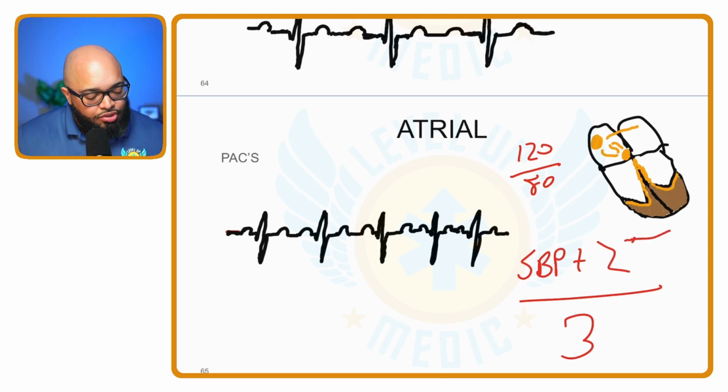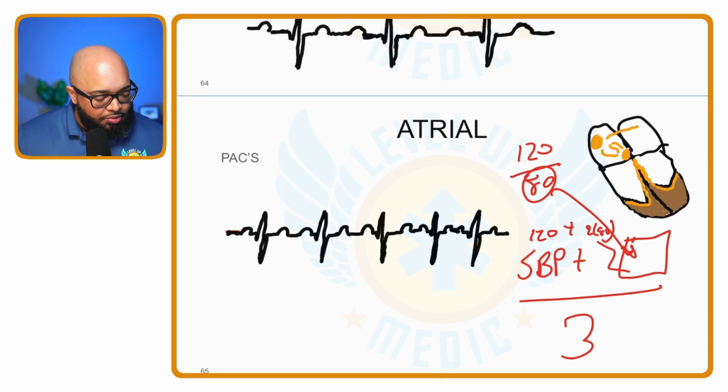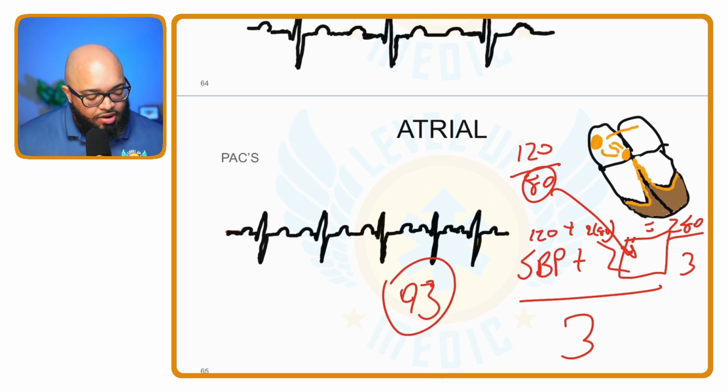And then we just do 2 times the diastolic number. So the 80 goes here. So we'd have 120 plus 2 times 80, okay? Of course, the 120 plus the 160 gives us 280, divided by 3, and then their mean arterial pressure is 93, for instance, right?